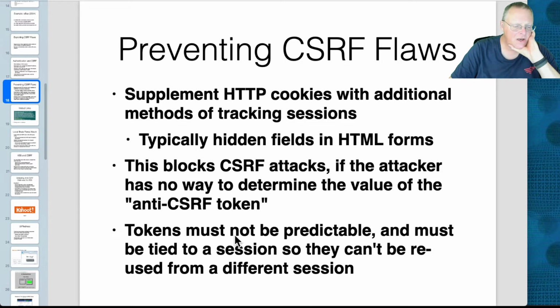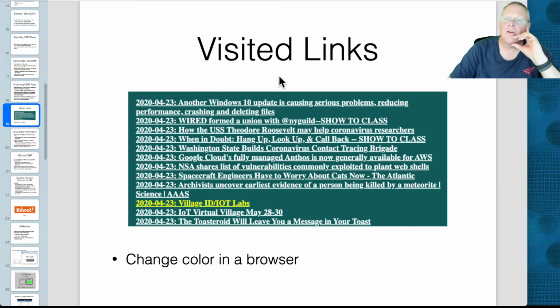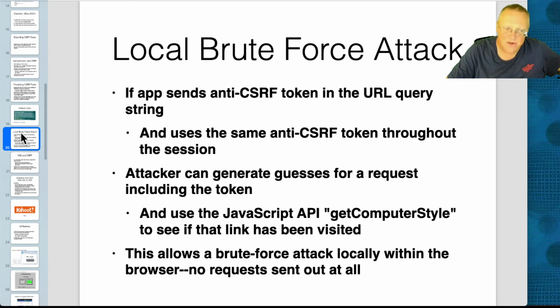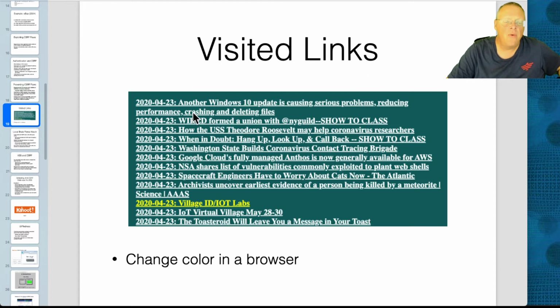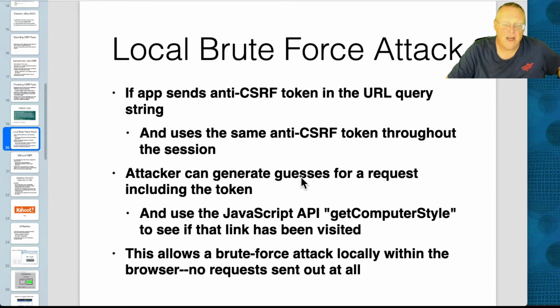All right. So anyway, here's a trick to find it. Now notice that things change color when you've been there. So that means if I had a query string with the CSRF token in it, then I could just try going to different URLs, generating guesses, and I could use the JavaScript API getComputedStyle to see if that link has been visited.